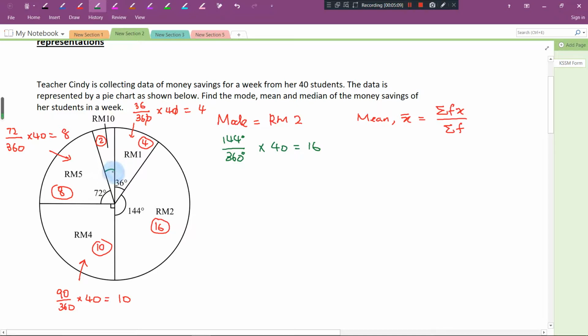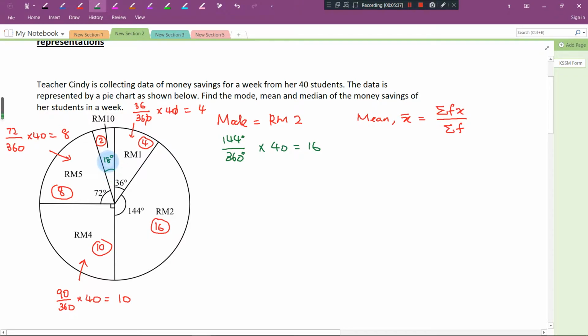First we need to get the angle. A full turn will be 360 degrees, right? You take 360 degrees minus 36 minus 144 minus 90 minus 72. Then you will get the angle for this sector. So this sector is 18 degrees.